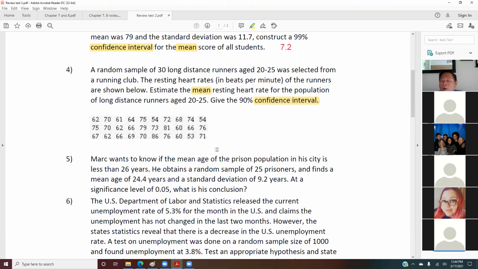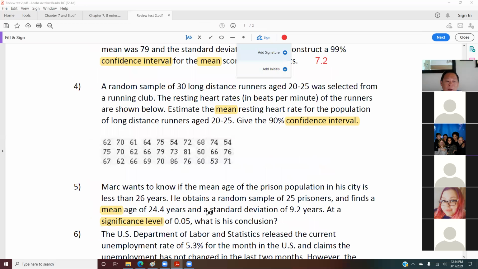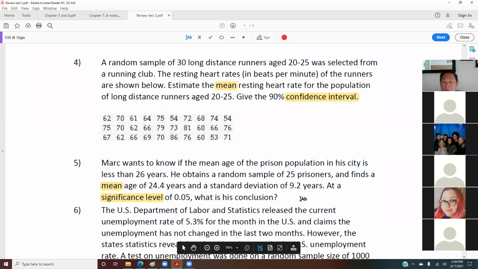Do you see the word confidence interval in this question? Significance level and mean. Yes, very good. Who was that? Linda, thank you. So when you see significance level and mean, it's not the same thing as confidence interval and mean. When you have a significance level, this is chapter 8.3.